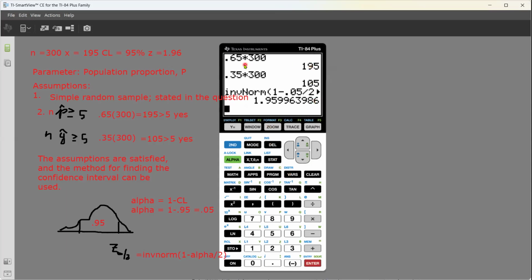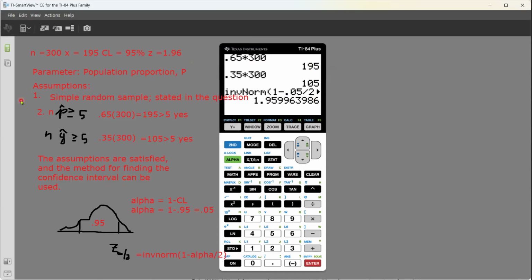That's where I'm getting my Z, okay? But when I'm doing a confidence interval for a mean or for a proportion, I'm going to get a Z-score of 2 places. So now we have all of our information. It's right up there. Now I'm going to plug this in.